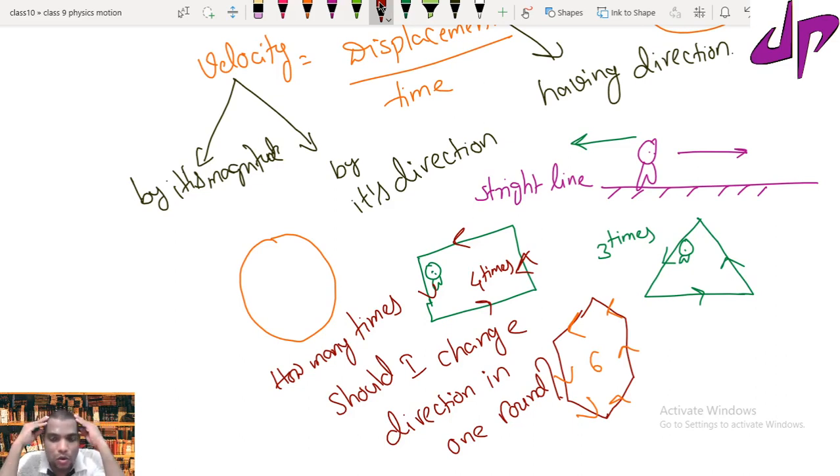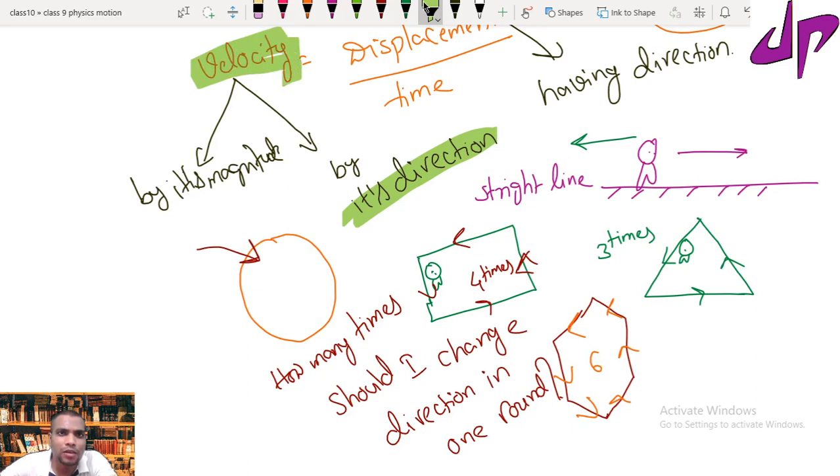If it's a hexagon, I need to change 6 times. But when an object is moving in circular motion, the question is how many times it changes direction. Because when it changes direction, obviously there is a change in velocity. That is the point we need to concentrate on.